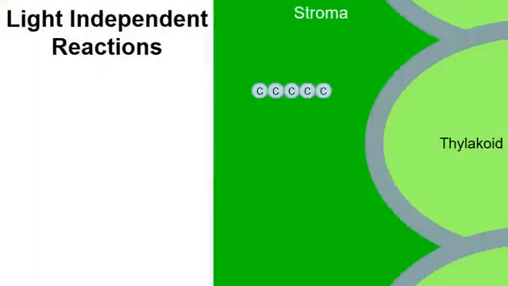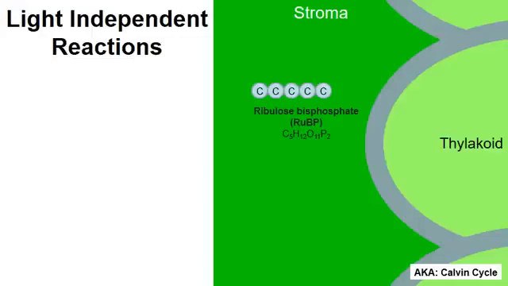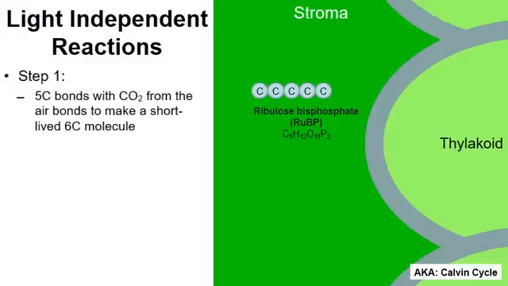Okay, so the light-independent reactions. This is also known as the Calvin cycle, named after the scientist who helped to identify these steps. We're going to start breaking it down. First of all, there's a 5-carbon molecule by the name of RuBP, ribulose bisphosphate. Now, it has more than just 5 carbons. You can see 12 hydrogens, 11 oxygens, and 2 phosphoruses.